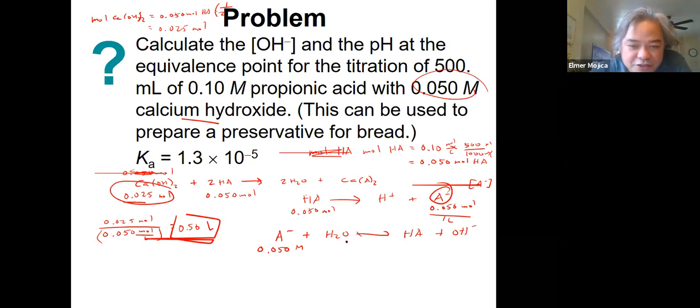Because this is now your RICE table. So you don't have anything here, you don't have anything there. That's the initial. And then the changes that you have. And then the equilibrium, so 0.050 minus X, and then you have X here and X. So what do I have here, Ka or Kb?